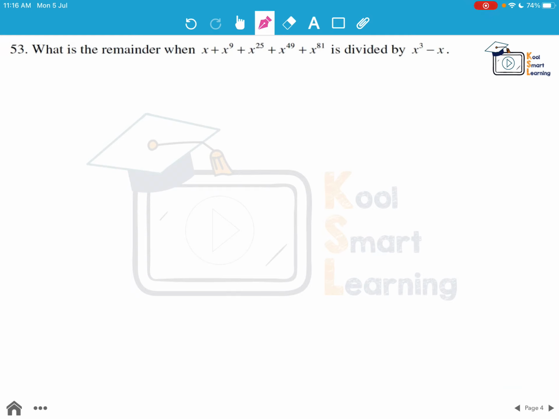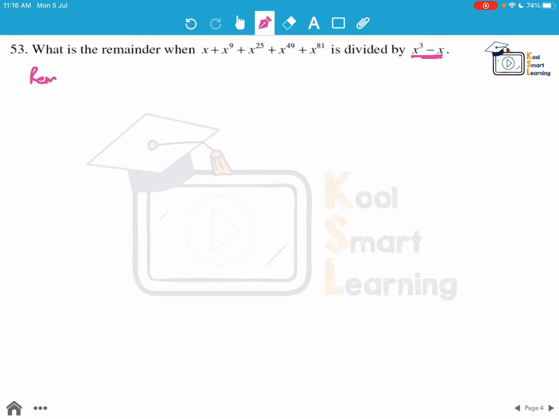Moving to the next question. What is the remainder when this given polynomial is divided by x cube minus x? The first thing which should be very clear is the divisor is a third degree polynomial.